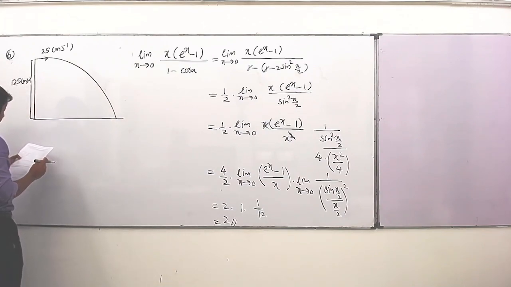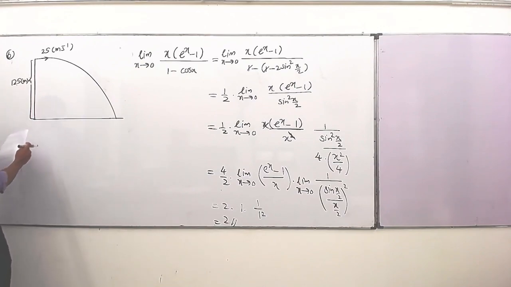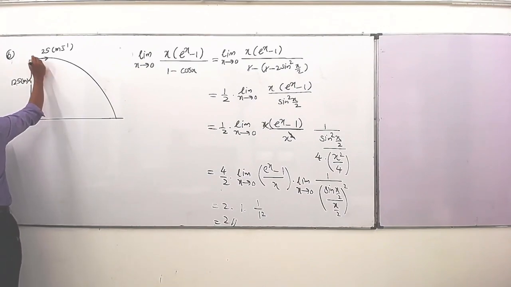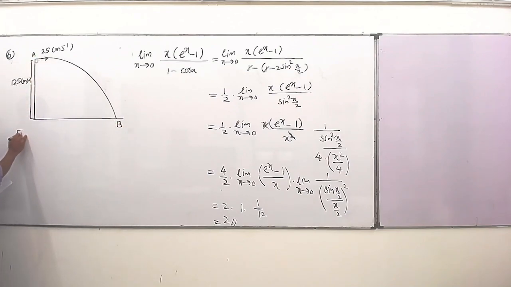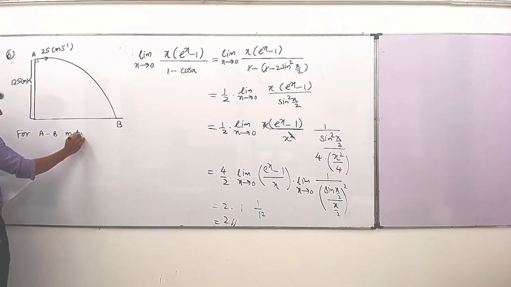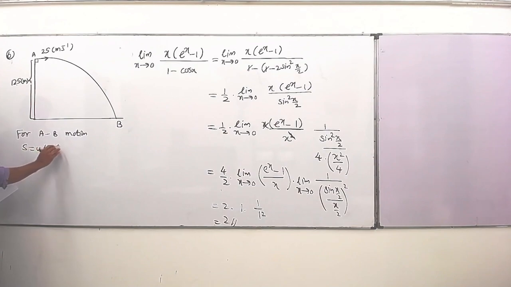Find the time taken to fall on the ground. Just take this point as A, this as B. For AB motion, we apply S equals ut plus half at squared downward.